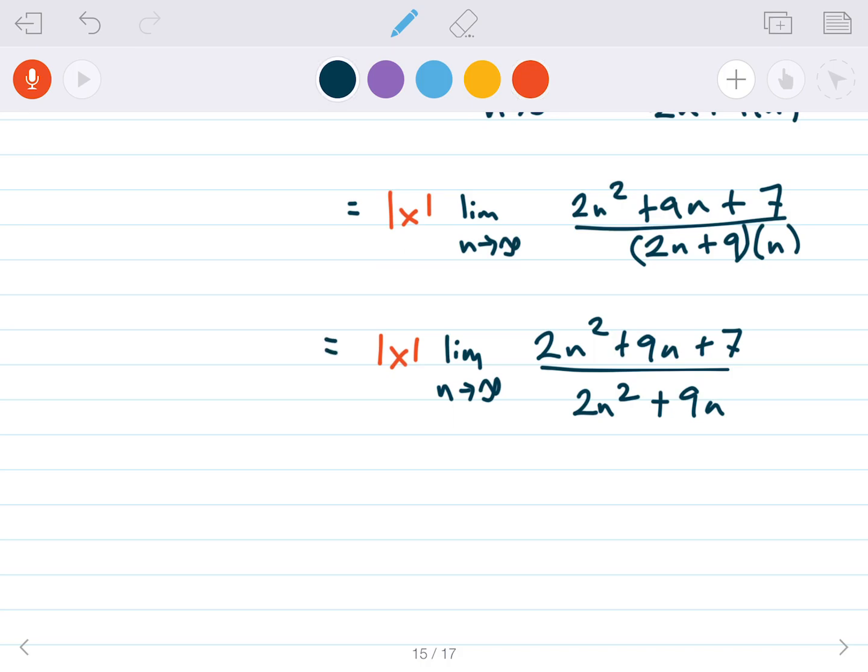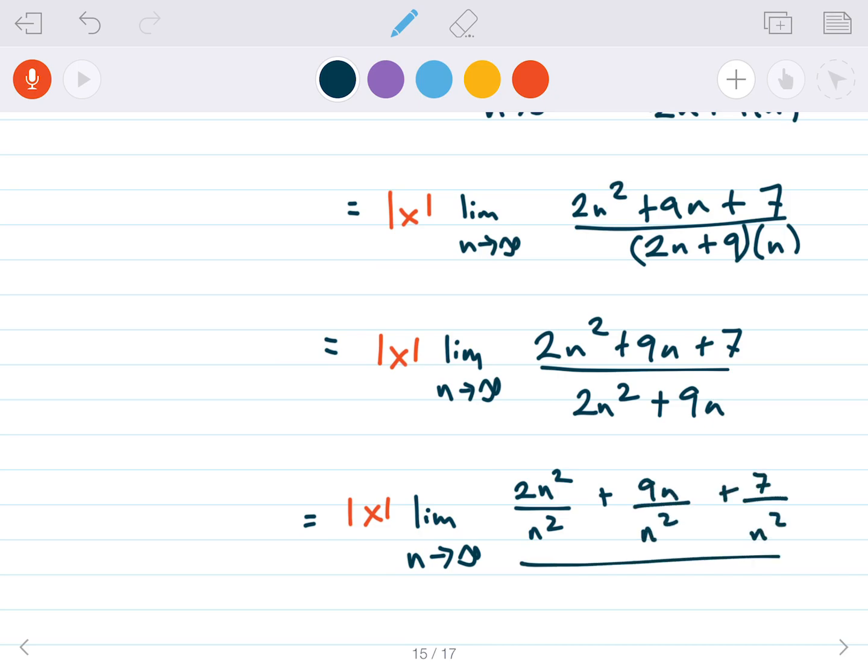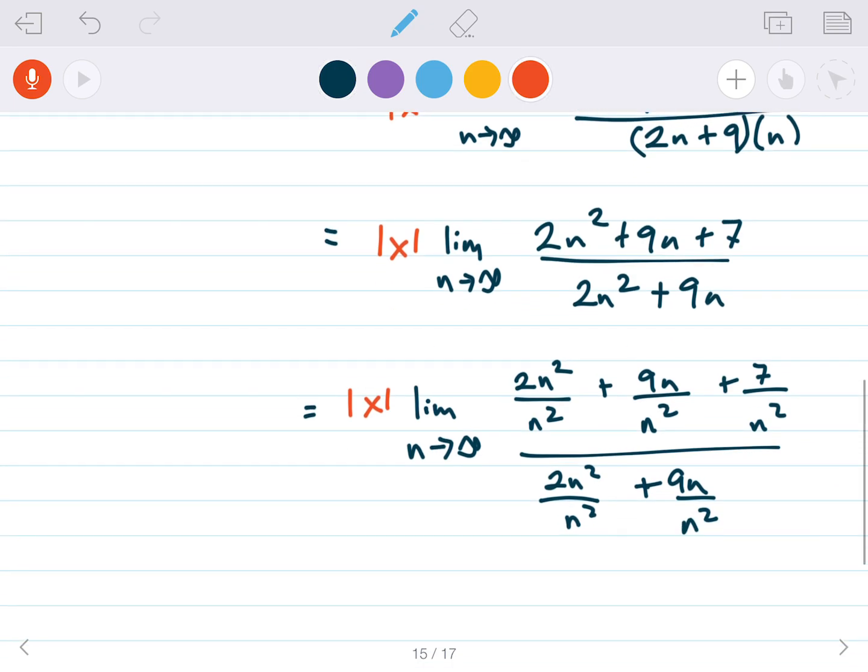So I'm going to divide top and bottom by n squared. The limit as n goes to infinity of 2n squared plus 9n over n squared plus 7 over n squared, over 2n squared over n squared plus 9n over n squared. Okay, all right, so these guys go away.